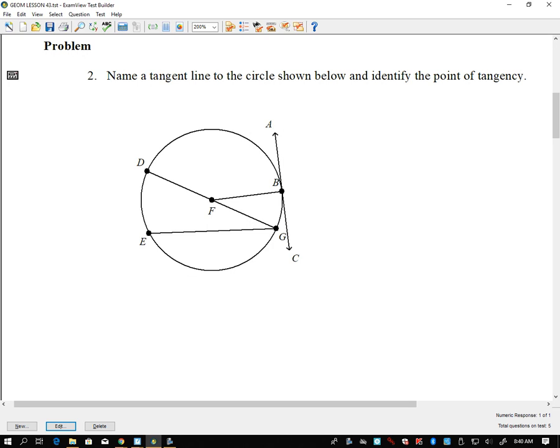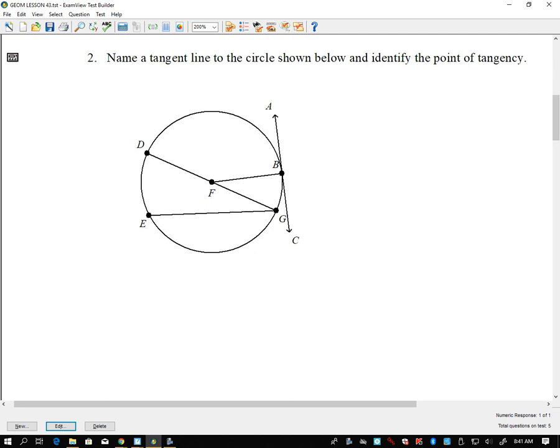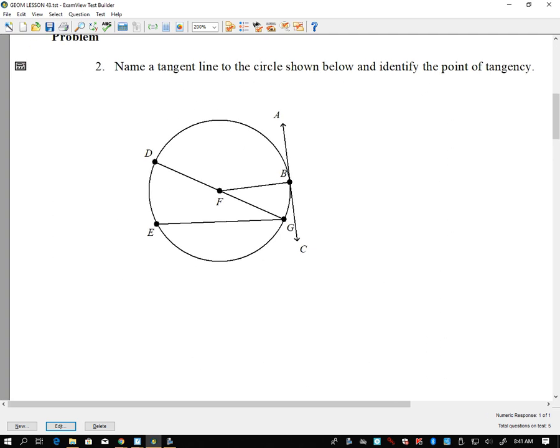Now, are they typically on the outside or the inside of the circle? Outside. So what line is outside the circle but touches the circle at one point? Line AC. What is the point of tangency? Point B. And I would write all this up here, except for some reason I can't.